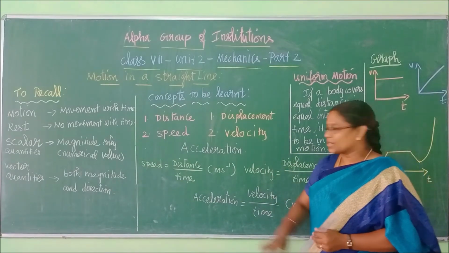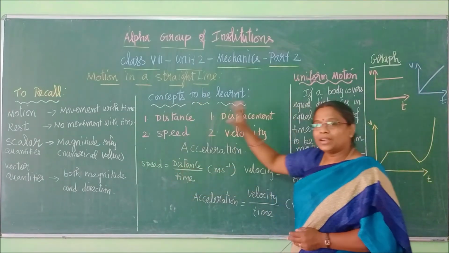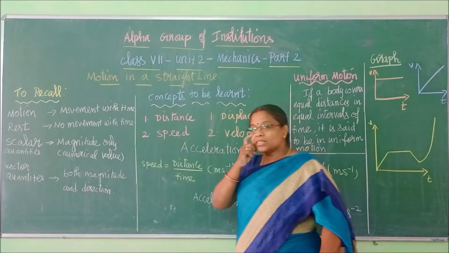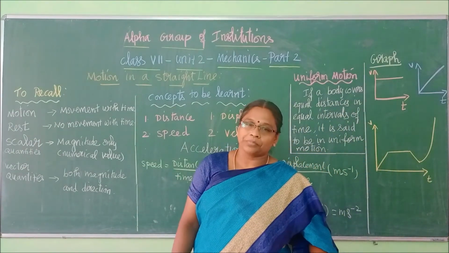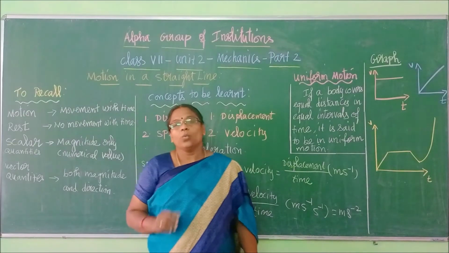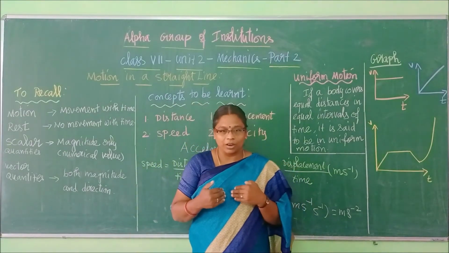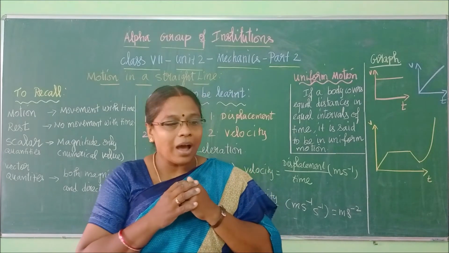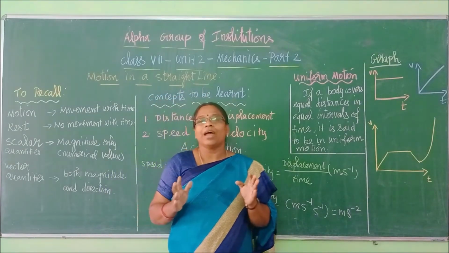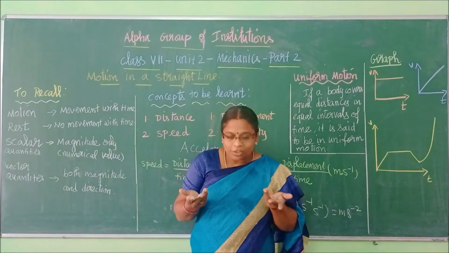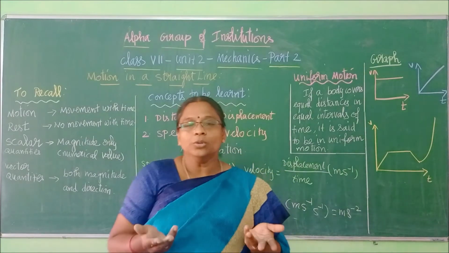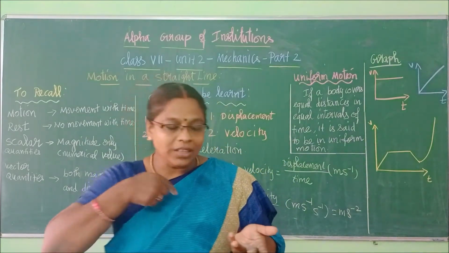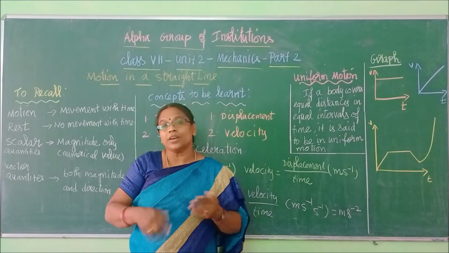Displacement and velocity. Whatever you have learned here will come here, but I will tell you an example. One small difference is there. Now, when I want to travel from here to here, I need at least 3 steps: 1, 2, 3. This distance I can cover by any method.